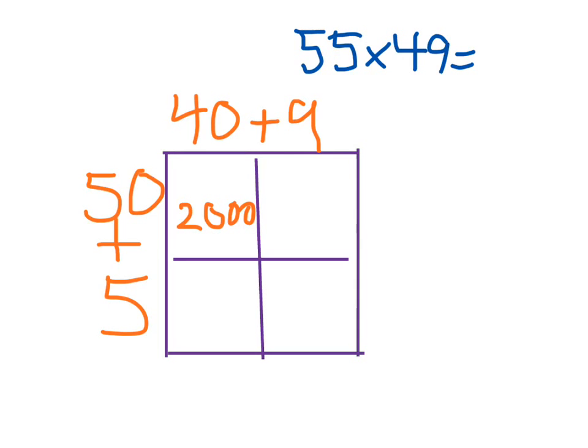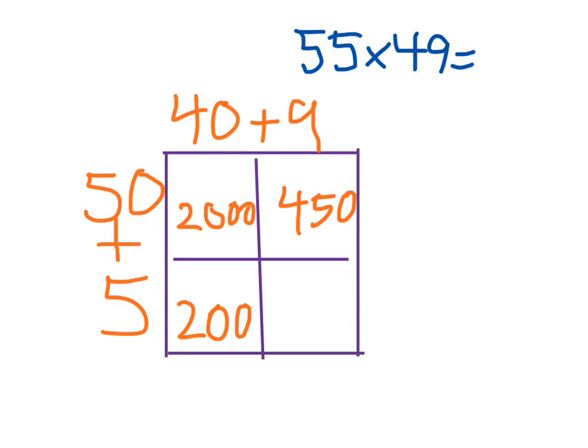So let me write it like that. Next, you should do 50 times 9. I hope you know that 5 times 9 is 45, so you add the 0, that will be like this.